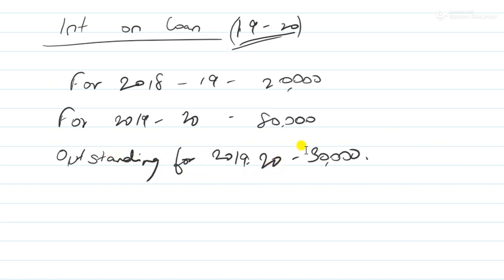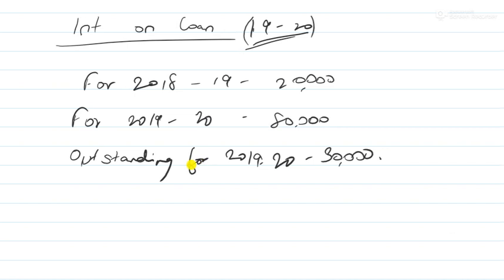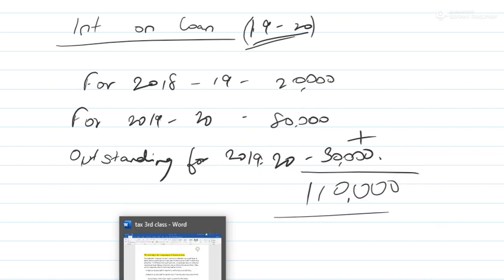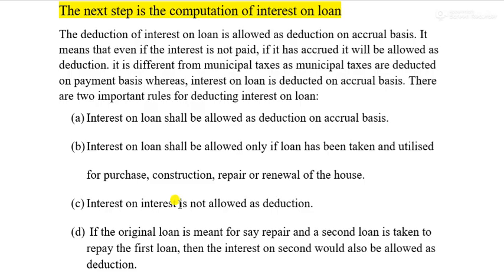So look carefully, what is the total amount payable which should have been paid by the assessee for the year 19-20? It is 80,000 plus 30,000, that is 1,10,000. So the total amount which will be allowed as deduction to the assessee is 1,10,000. It's not very hard if you pay attention.